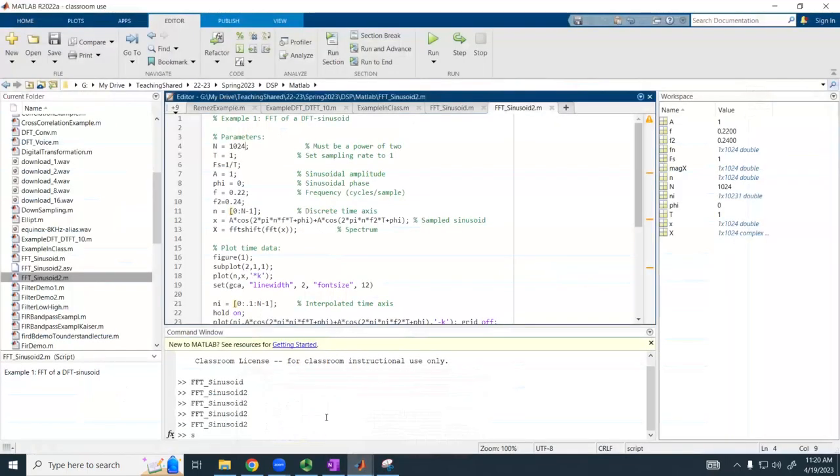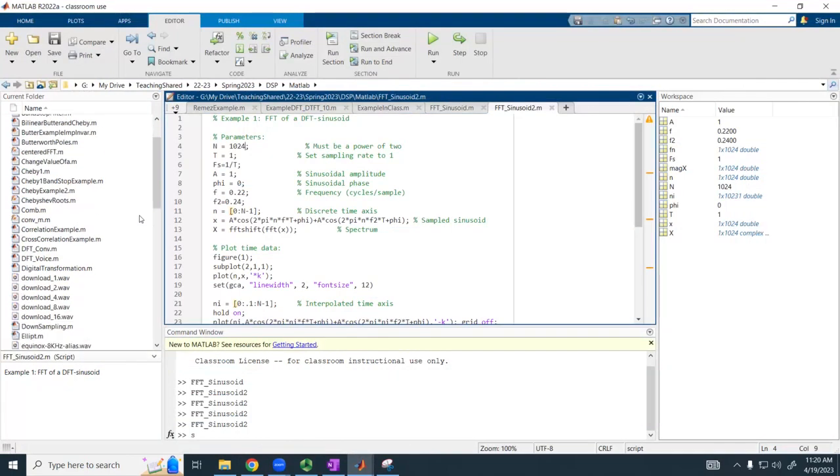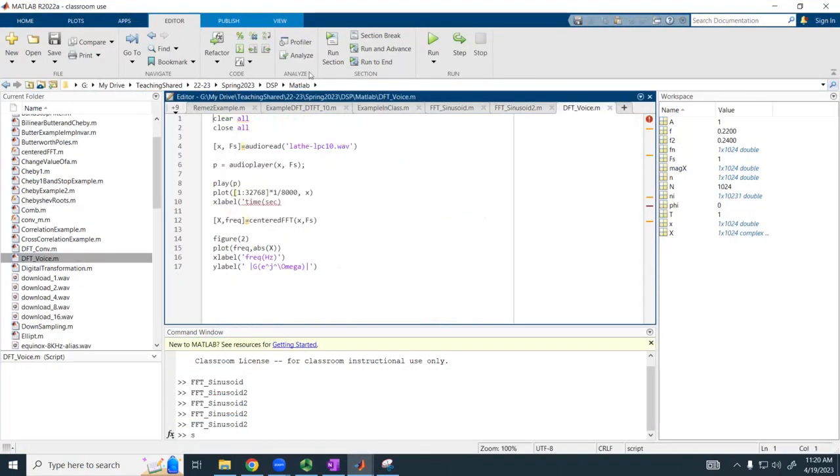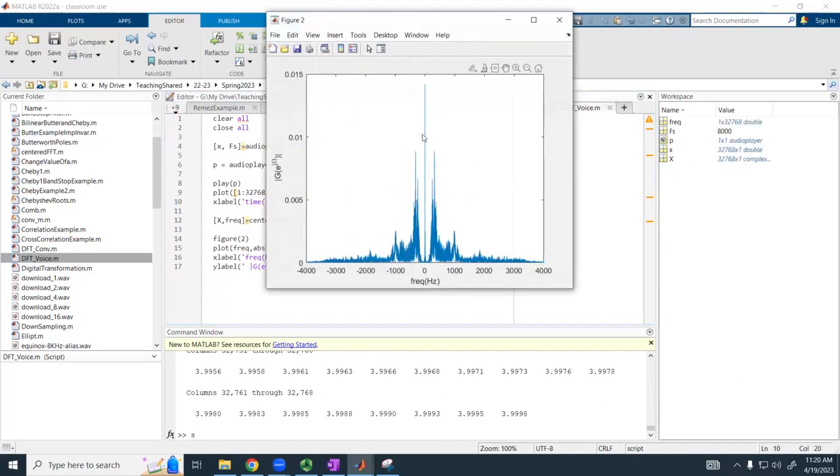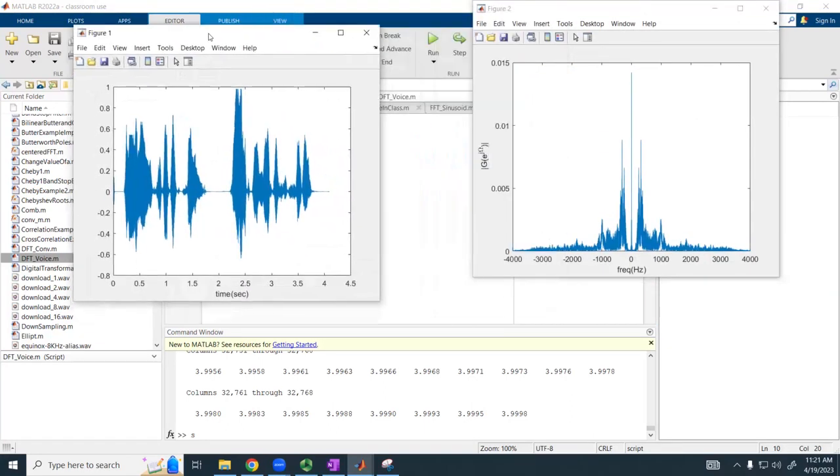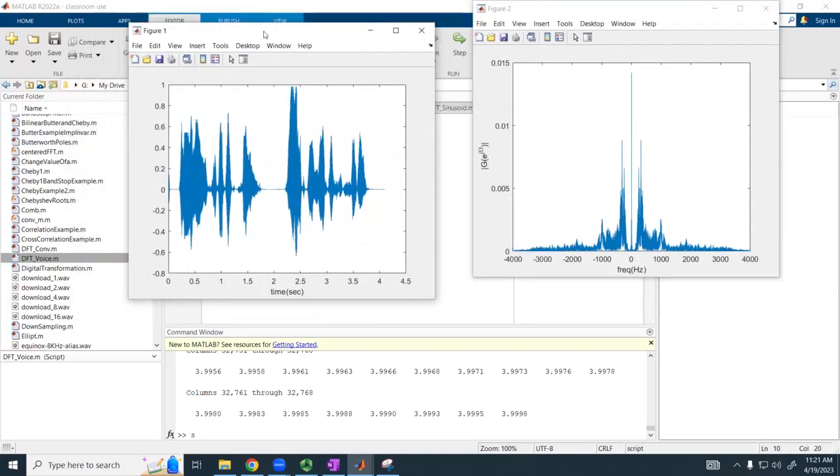So let's look at an example. Okay. So here is the audio signal, and this is the discrete Fourier transform of that signal.